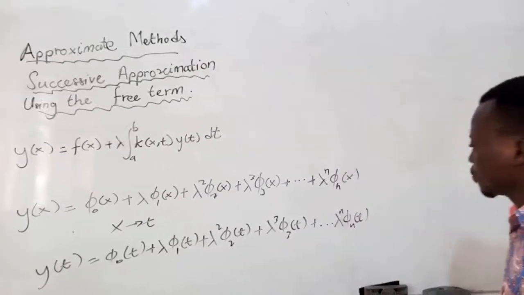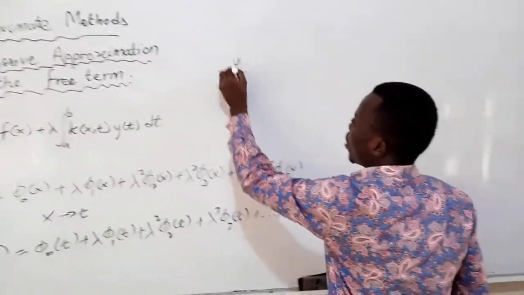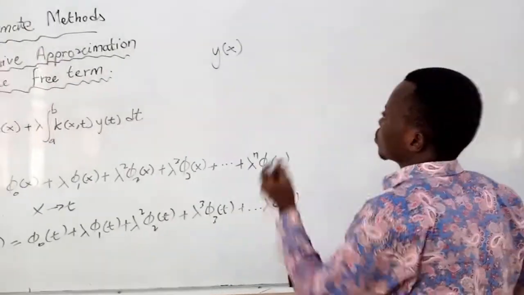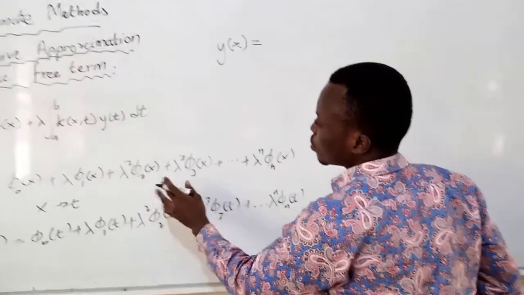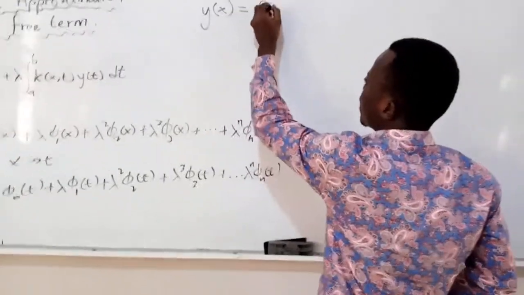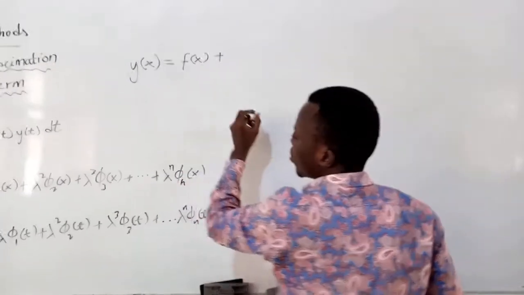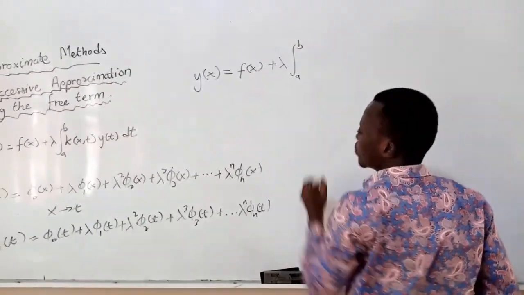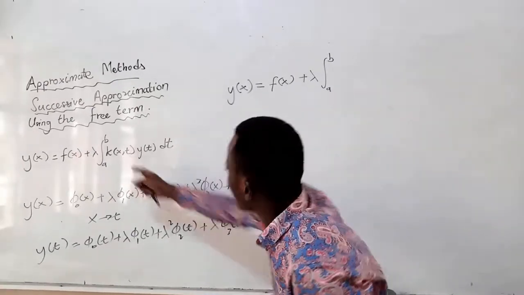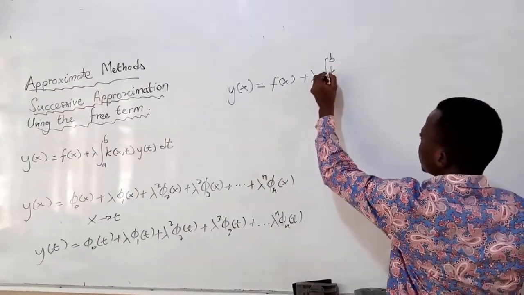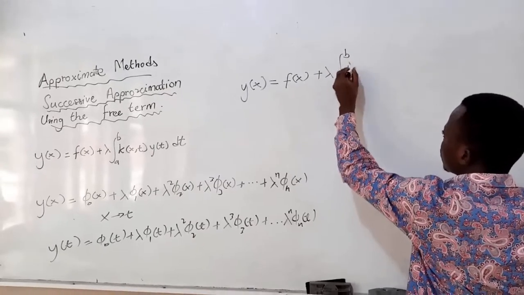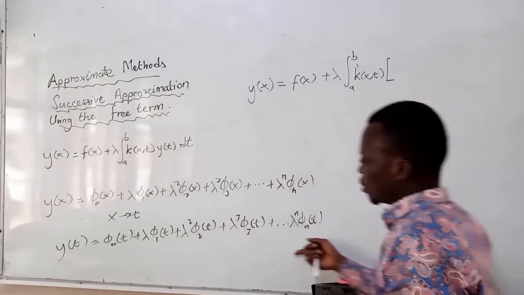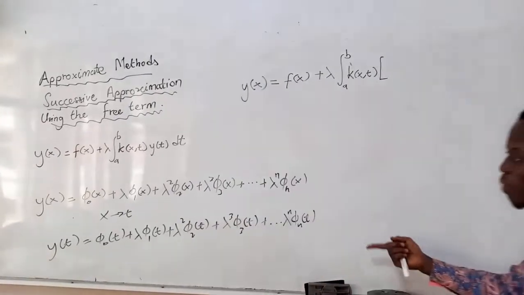So we are going to have our y of s equal to f of s plus lambda integral from a to b, then the kernel K of s,t in a big bracket, then the whole of this, which is the y of t.